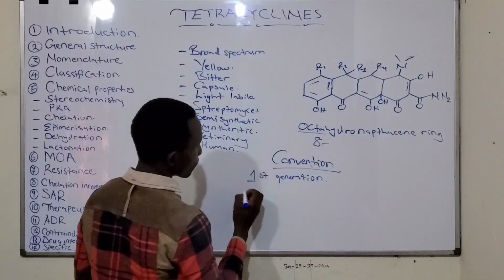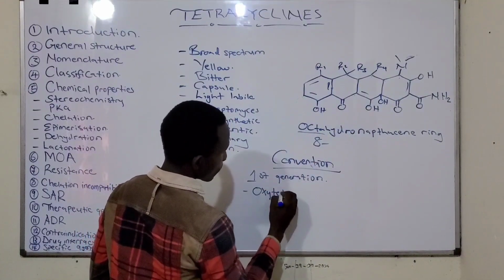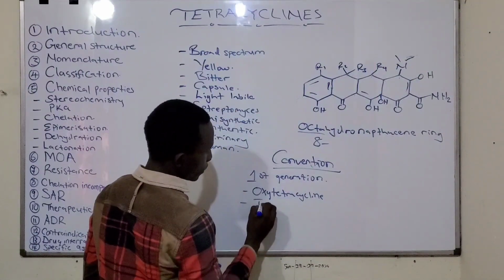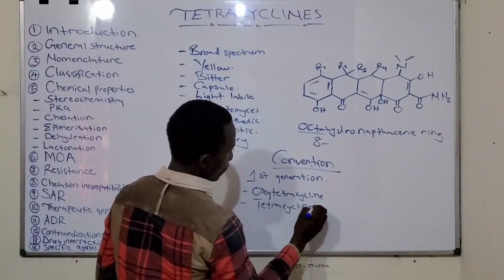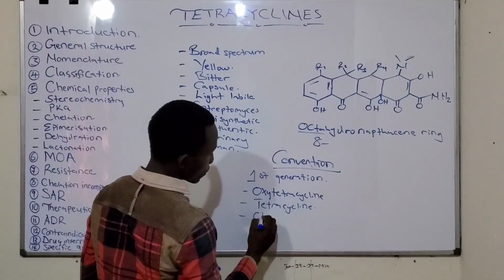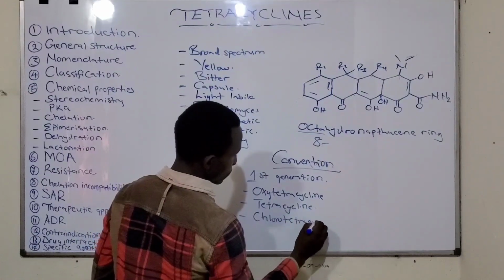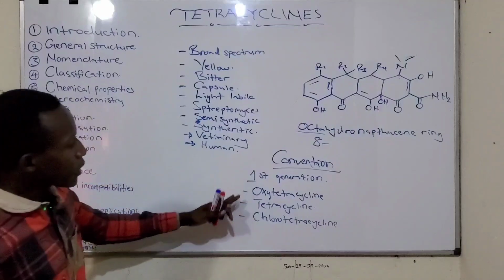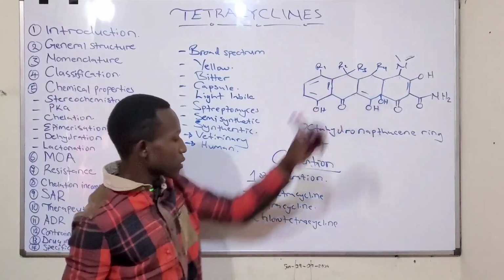Here we shall find oxytetracycline, tetracycline itself, chlorotetracycline, and many others, those which have the OH group here at position 6.